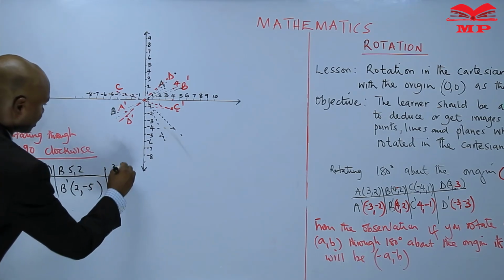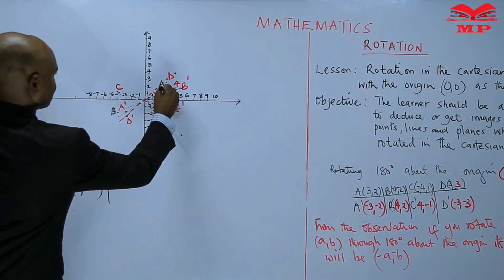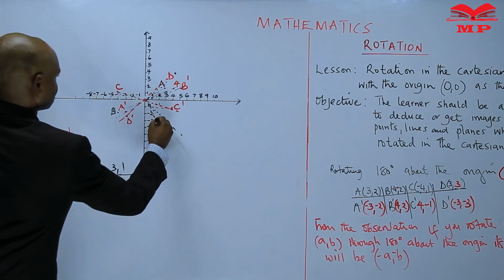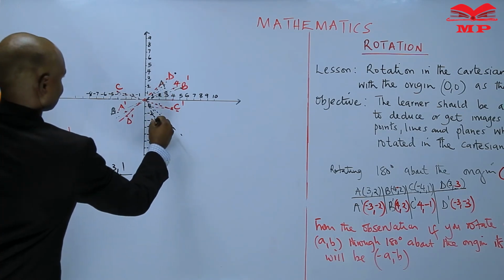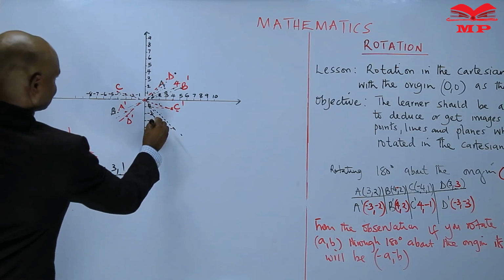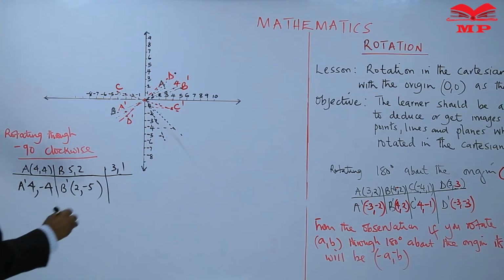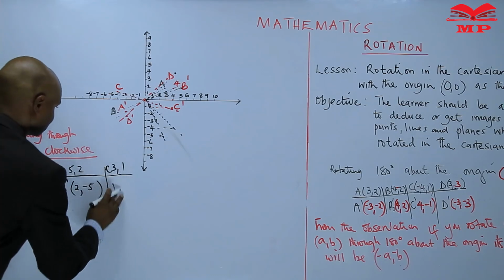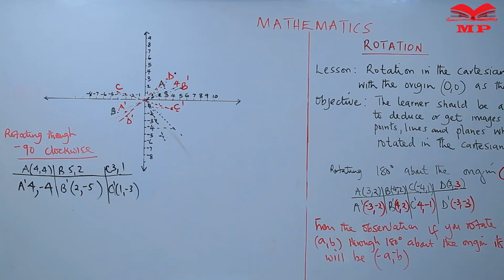You can look at 3, 1. You'll have a right angle there, and it will be 1, -3. This is C, and C prime will be 1, -3.